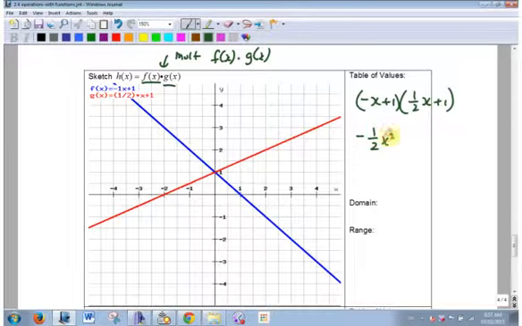Minus a half x squared minus x and a half x and 1. Is that helpful? Would you want to plot that with an x and y table? I probably wouldn't, but you can.